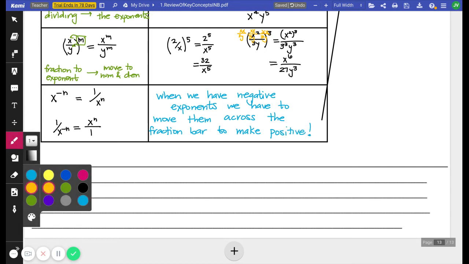So if we're going to highlight some keywords, negative exponents get moved across the fraction bar.